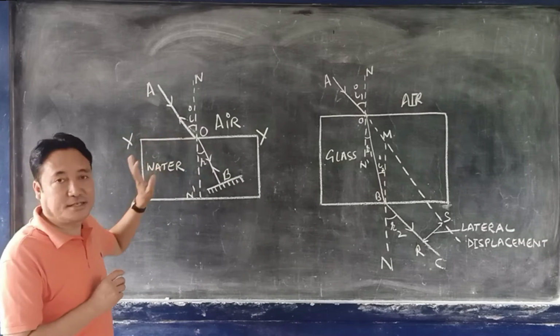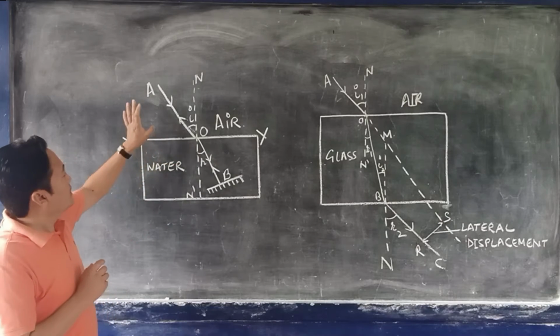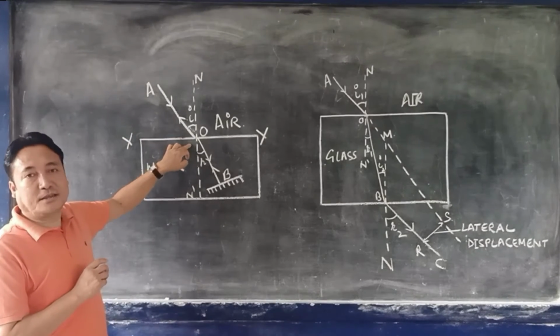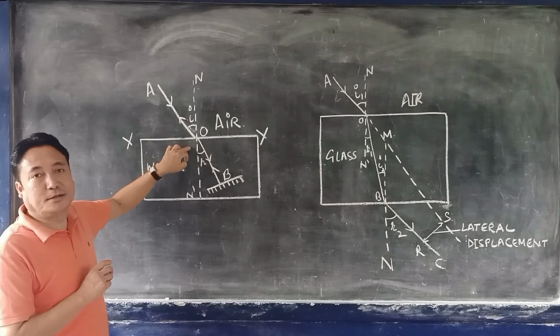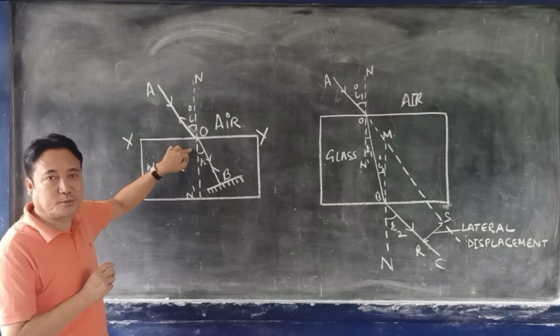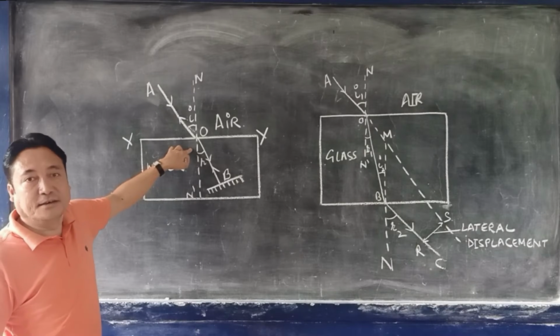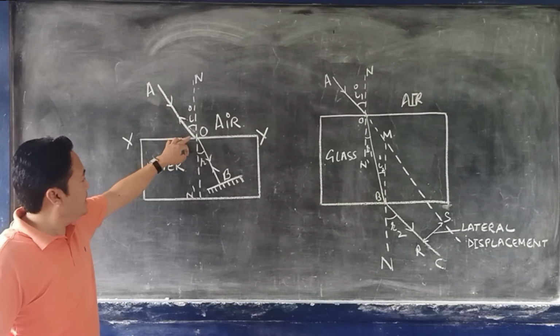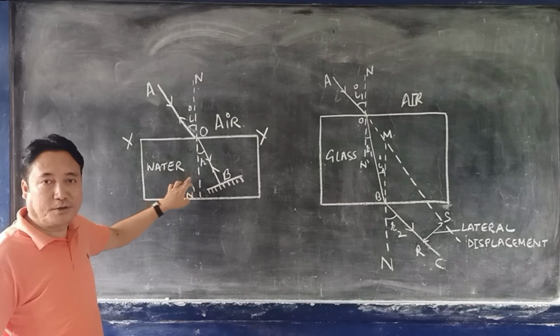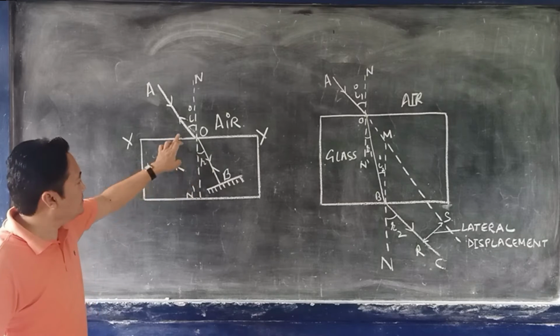So AO is the incident ray. Once the ray falls at point O, on the line XY separating the two media, the ray of light gets refracted and bends closer to the normal. Why does it bend closer to the normal?